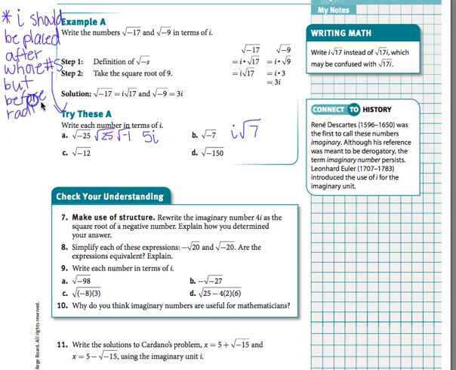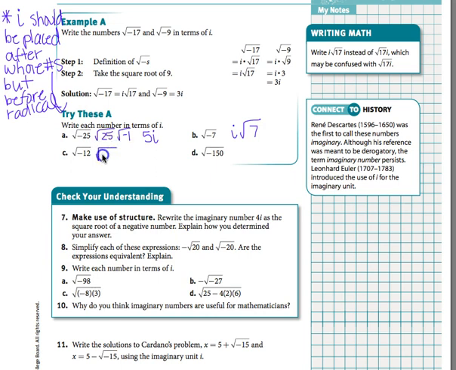And that's actually an important thing. That's part of standard form, is writing it the correct way. So 5 is a whole number, so i comes after the 5, just like it would if it were a variable. The radical 7, obviously a radical, so i comes before it. So the order does matter.